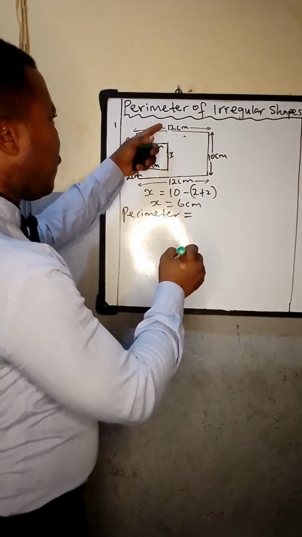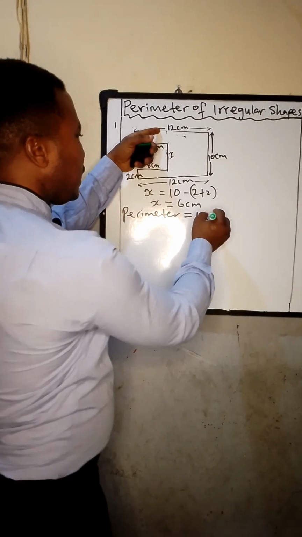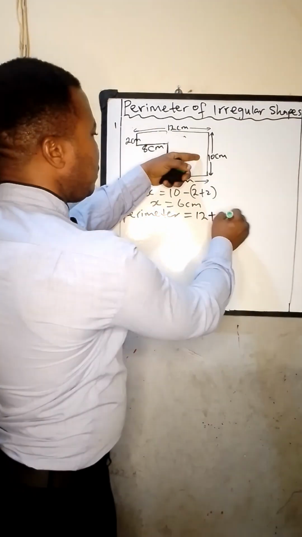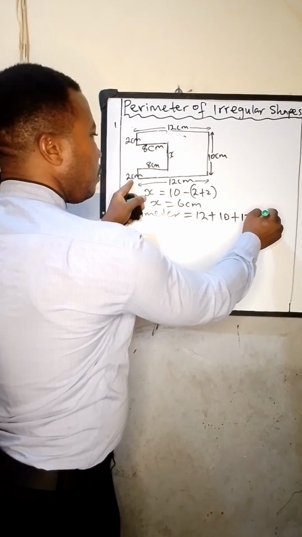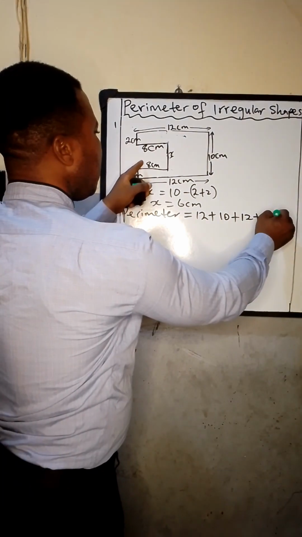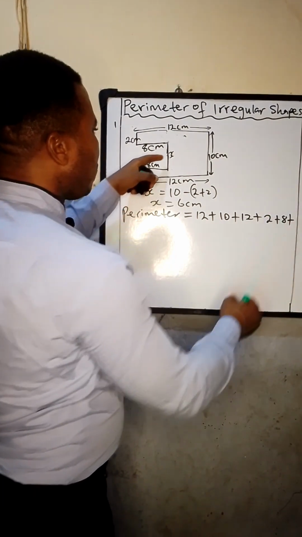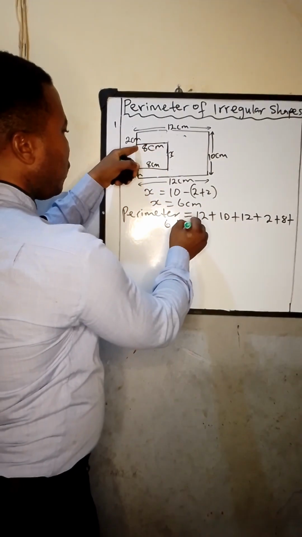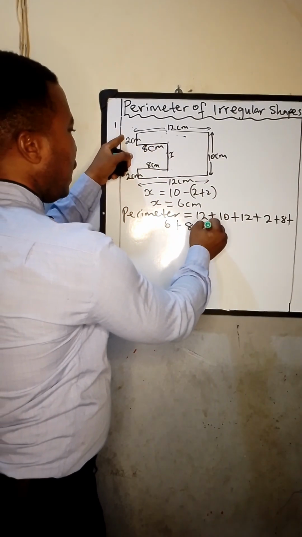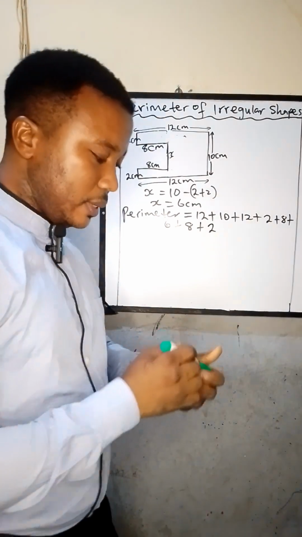will now be, you can start from here, 12 centimeter plus 10 centimeter plus 12 centimeter plus 2 centimeter plus 8 centimeter plus, remember that our x is now 6 centimeter, plus 8 centimeter and plus 2 centimeter.